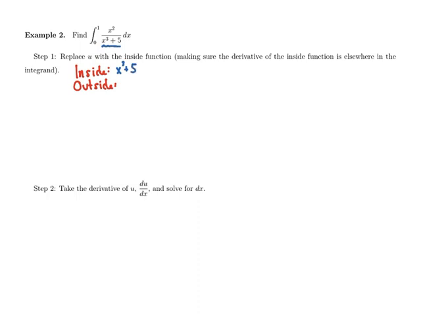One of the reasons there's a hint that that is the inside function is because the derivative of that is 3x squared, and there is an x squared in the problem as well. That's a good check that something good is happening here.